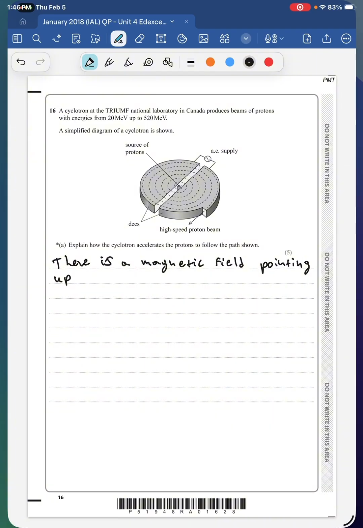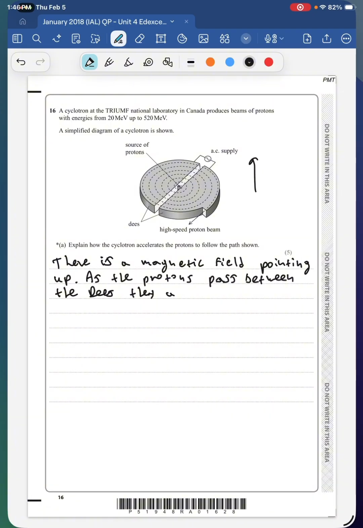As the protons pass between the Ds, they accelerate.